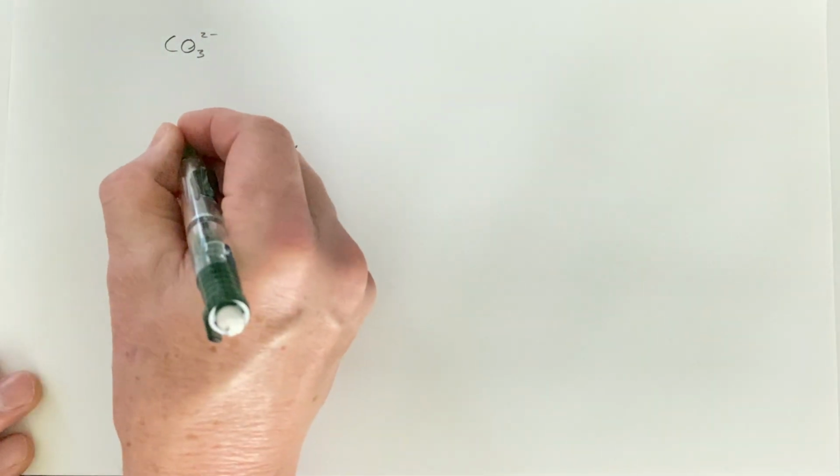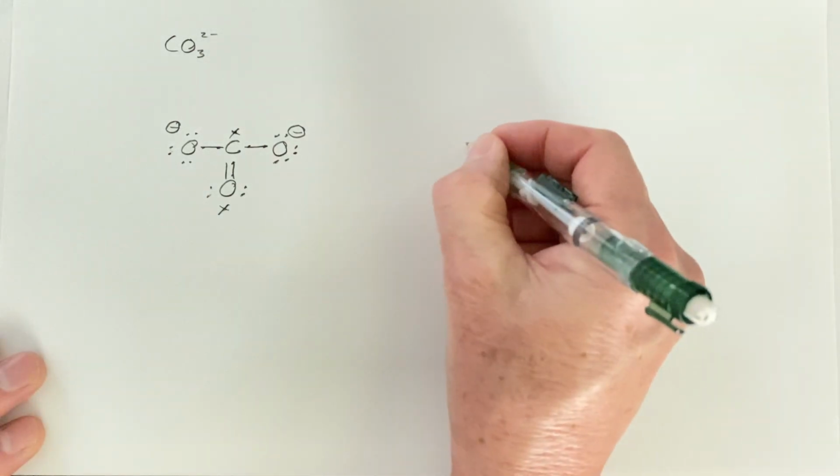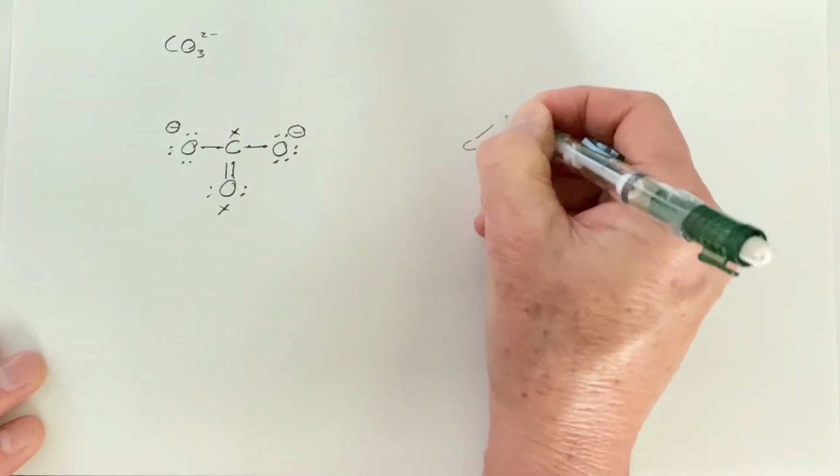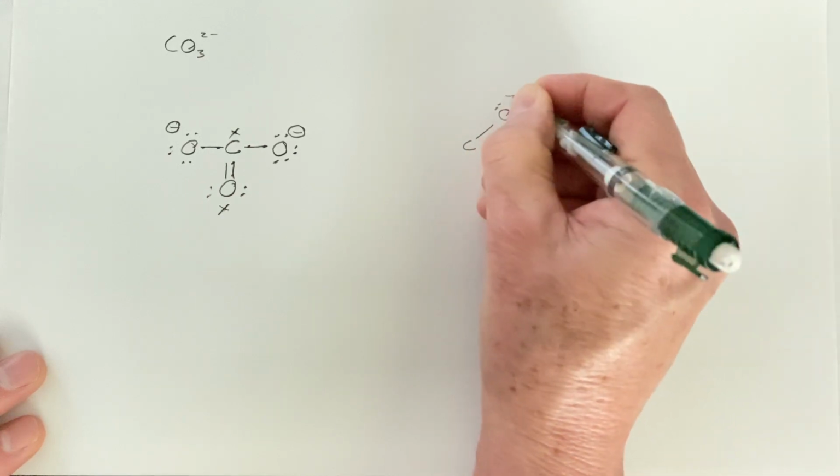We will indicate that we added the extra electrons to each oxygen atom by placing a minus next to the oxygen atom. We look at VSEPR and we adjust our structure based off of VSEPR.